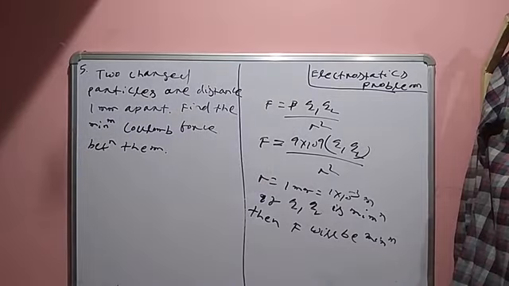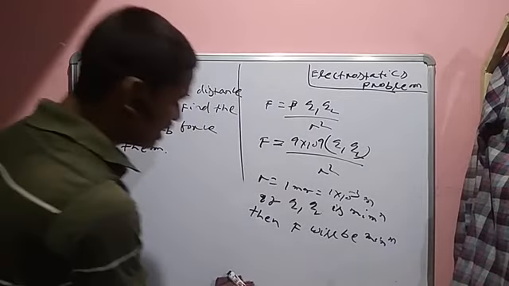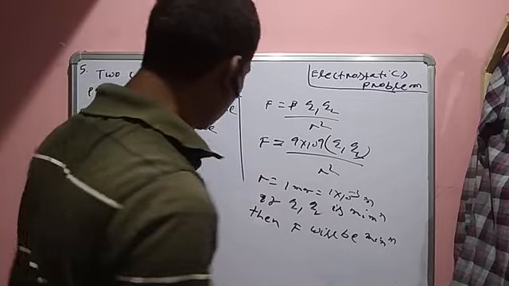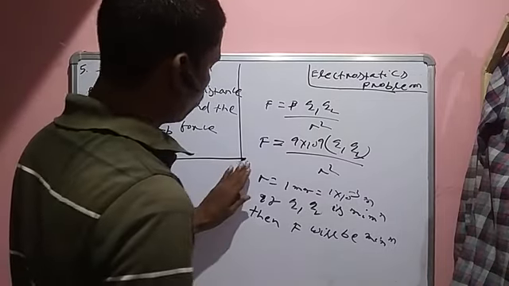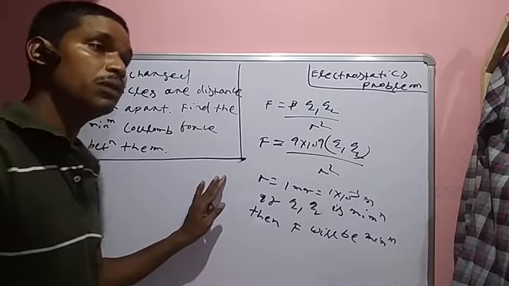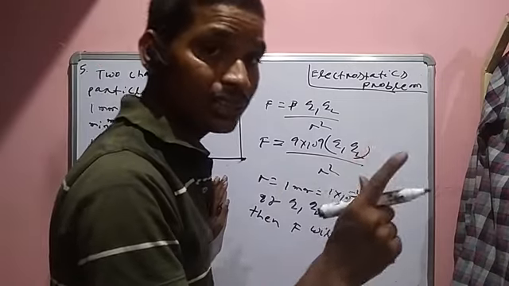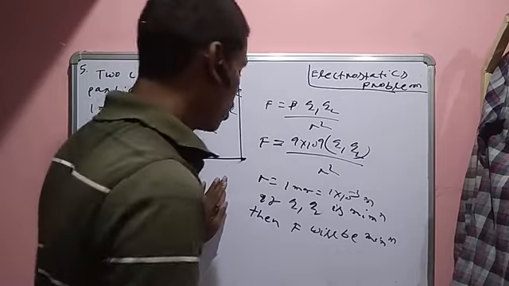We already know the minimum charge. The value of the minimum charge we already know: electron or proton. Yes or no? A body consists of a number of protons, but the minimum charge is that of one proton or one electron.